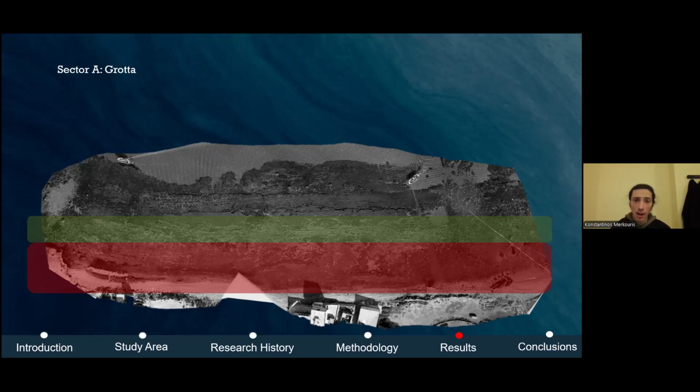This matches what we saw earlier in the mosaic, where the pattern appeared chaotic. And the green zone, at a depth between minus 0.5 and minus 2 meters, contains the best preserved and most clearly identifiable structures.